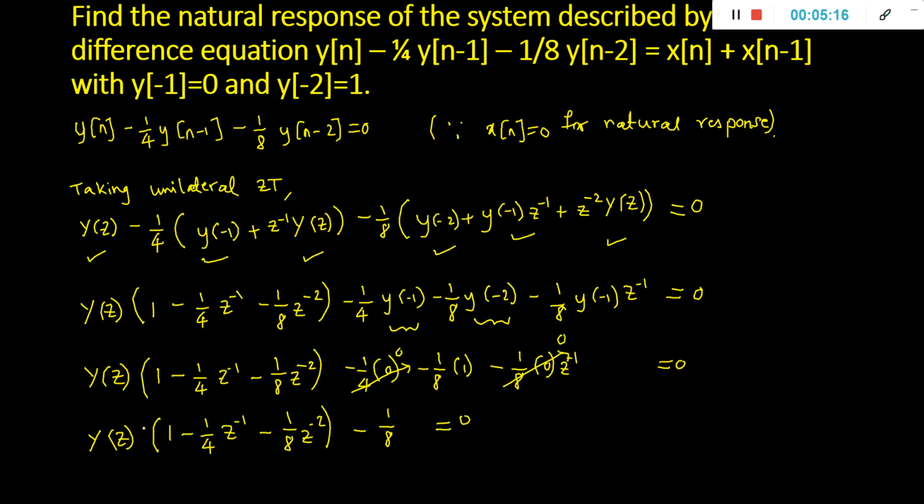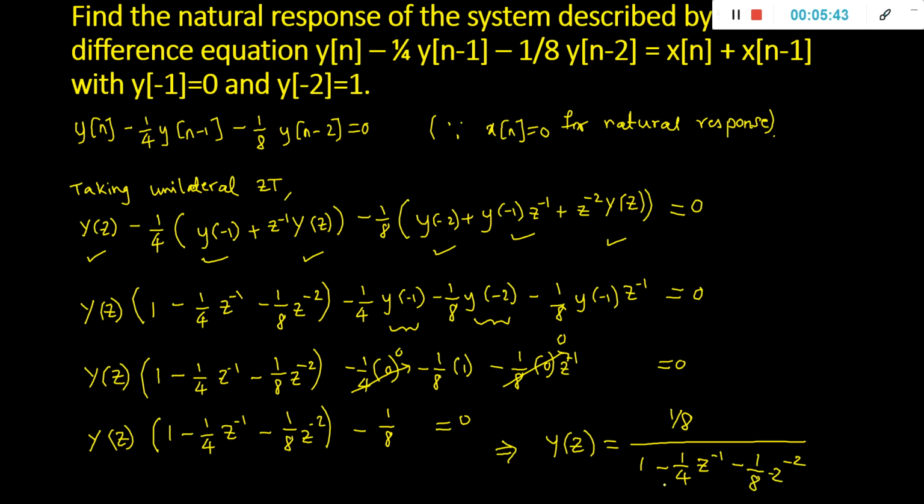If I try to rearrange this, it gives Y(z) equal to, if I take this constant to the other side, 1/8 divided by this entire expression. That means we have 1 - 1/4 z^-1 - 1/8 z^-2.